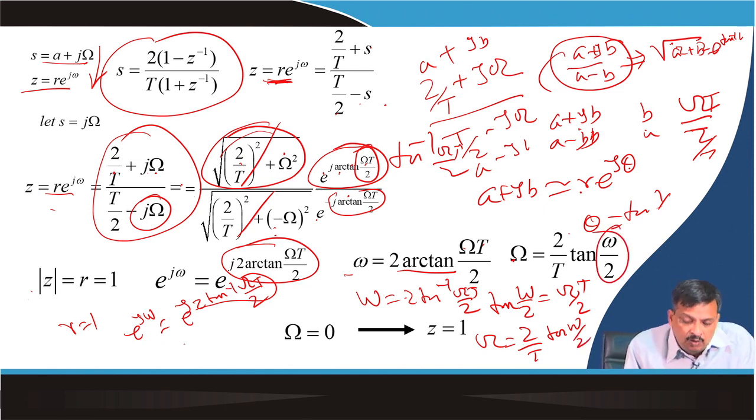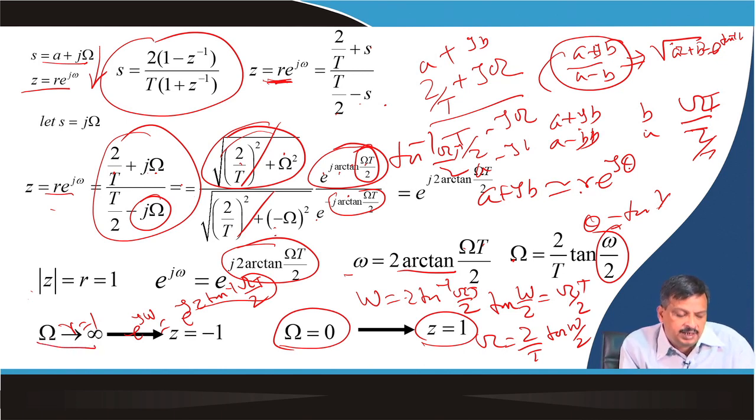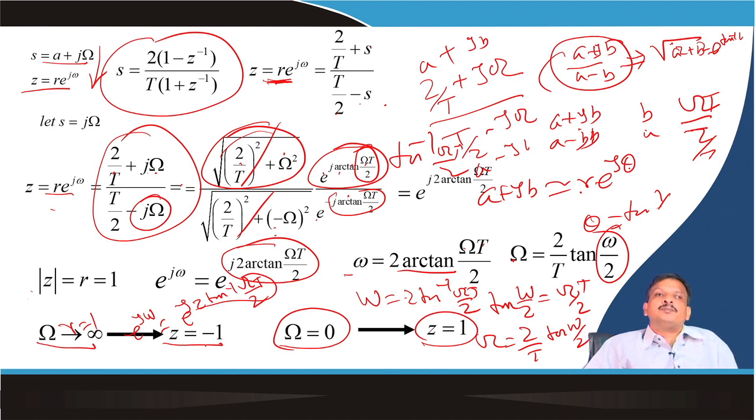Now if you see, if omega is equal to 0, then z is equal to how much? 1. If omega is equal to infinity, z is equal to minus 1. So z can vary from 1 to minus 1. So whatever value I set, z will always be within that unit circle.